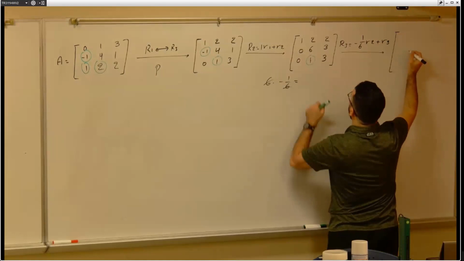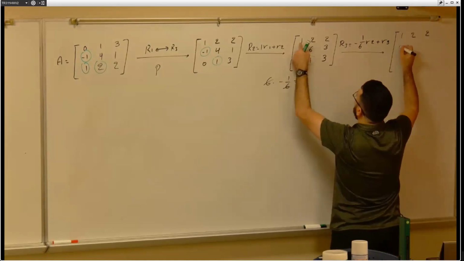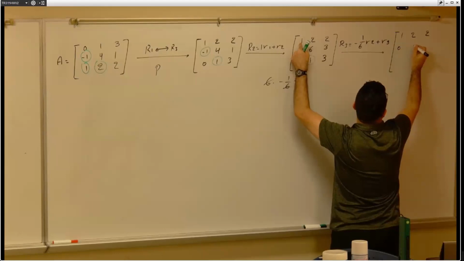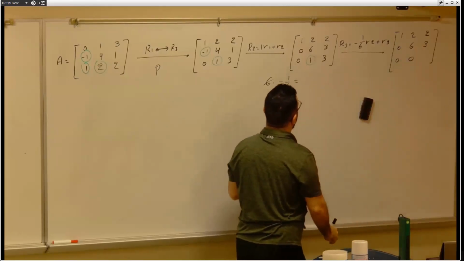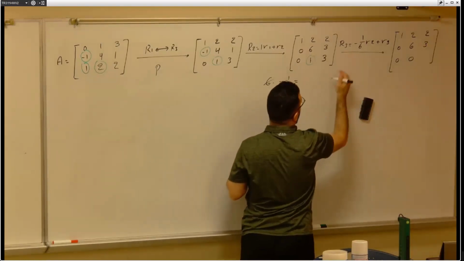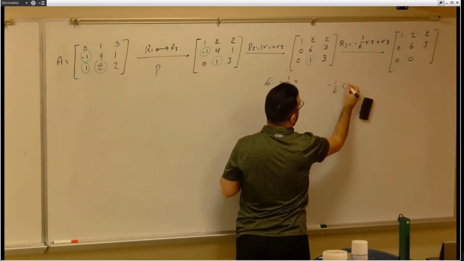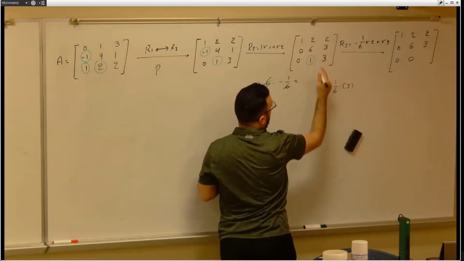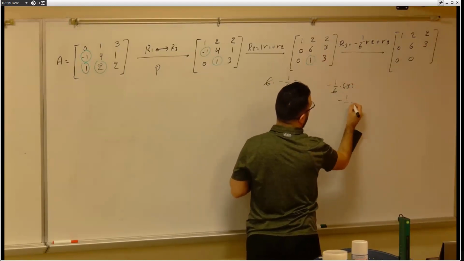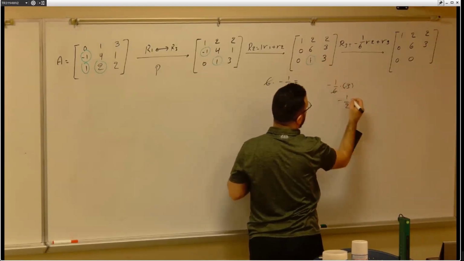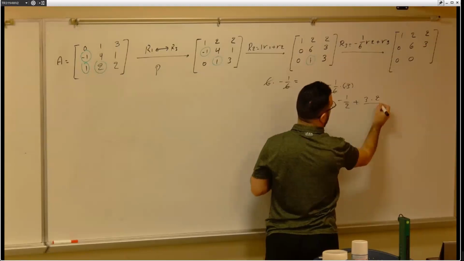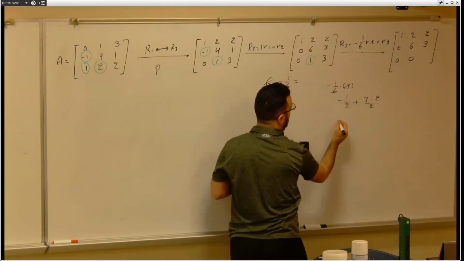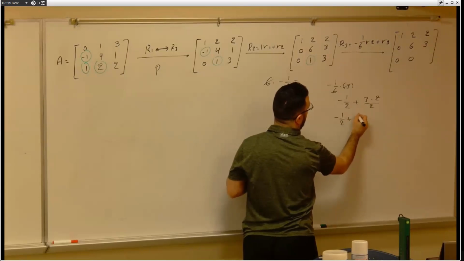So maybe 1, 2, 2; 0, 6, 3; and here is 0, 0. Now, -1/6 times 3, cancel this, is going to be -1/2. -1/2 plus 3, that's me times 2 and 2, it'll be -1/2 plus 6/2, and then it's going to be 5/2.